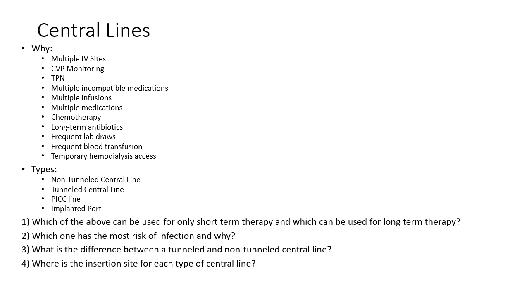Why are they the most risk for infections? They really just provide this really short access. They don't have this tunneling. So we have this insertion to these very large veins. We access this very large vein, which we're going to talk about the insertion site here in a bit.